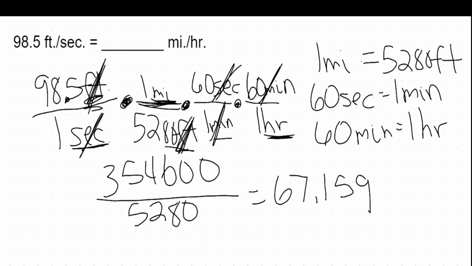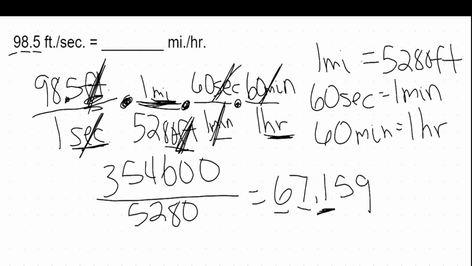So we need to take a look. Sometimes your problem will just tell you a specific decimal to round to. Some problems will tell you to round with significant digits in mind. If it asks you to round with significant digits in mind, we need to keep in mind that this problem had 3 significant digits, which means that we would need to round our answer to 3 significant digits, which means we would be rounding to the tenths place.